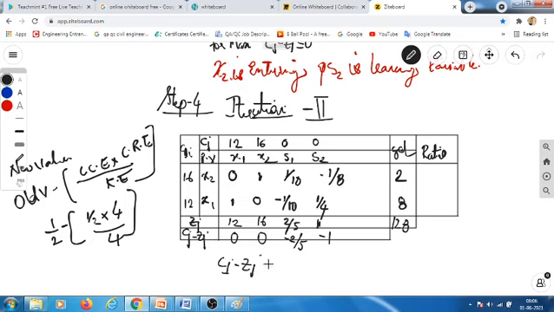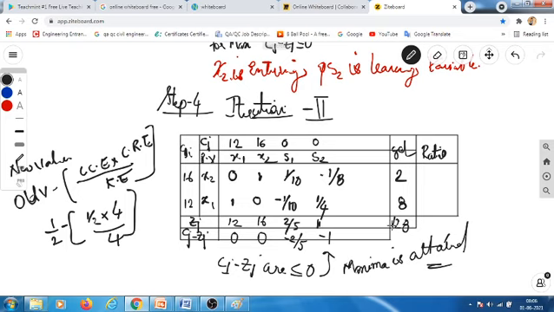They are less than or equal to 0. So what we can say is that the maxima is attained, the maxima is reached.